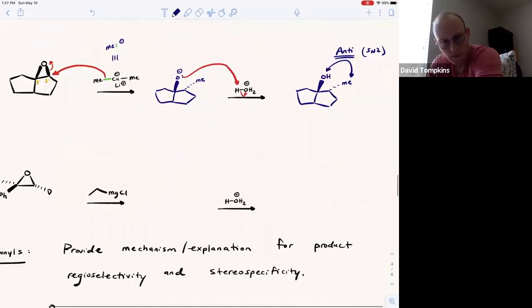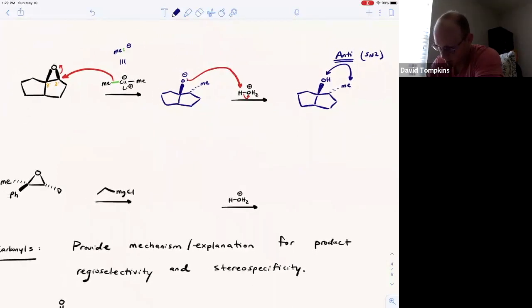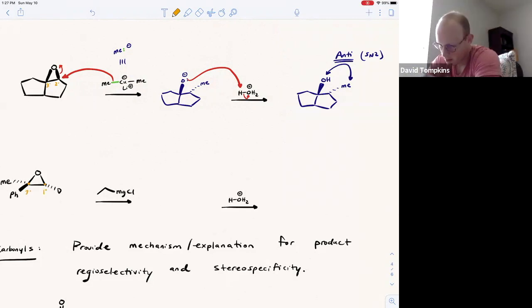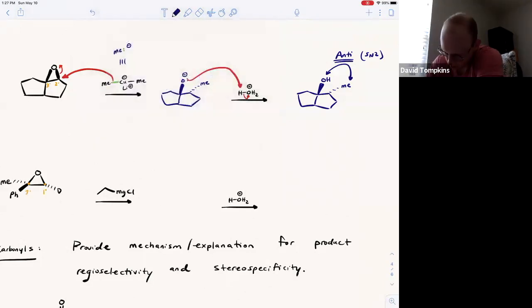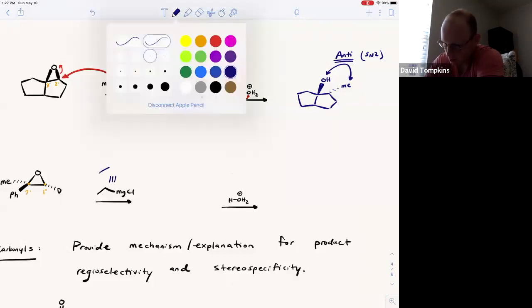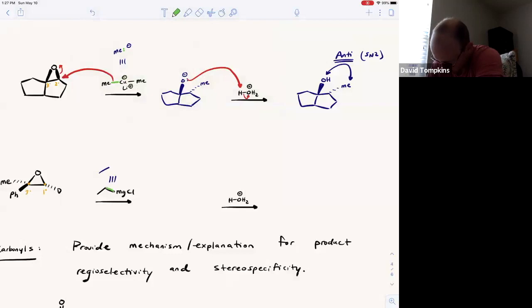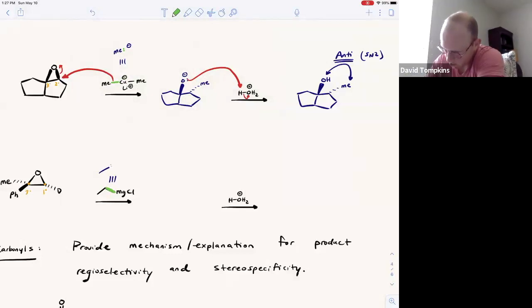In the final example, we have a highly hindered tertiary carbon and an unhindered primary carbon. And the Grignard can be approximated as if it's an ethyl group that owns this sigma electron density that was between carbon and magnesium.